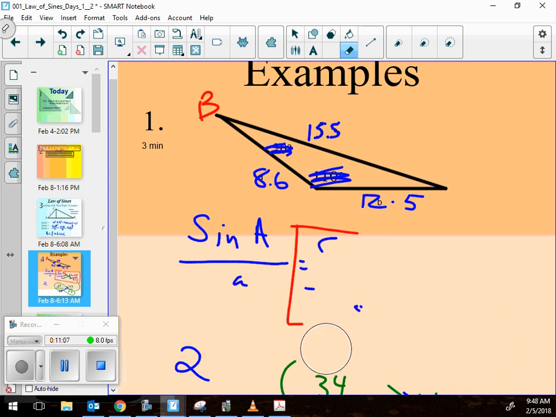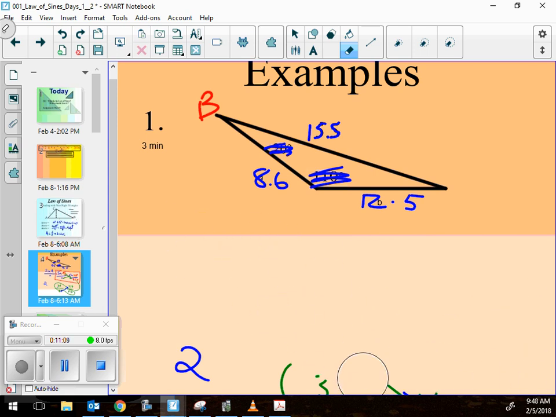You would just pick one side to be A, one side to be B, and one side to be C. And if you really want to save some time, if they're asking what angle is that, then make the angle that you want to find called C. Then the other ones are A and B, right?